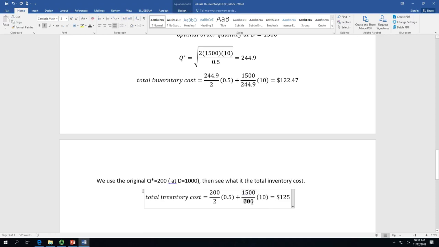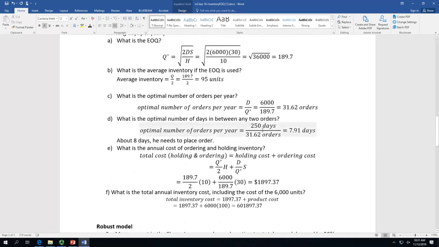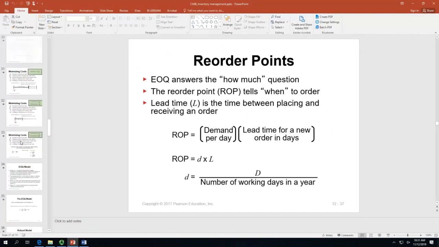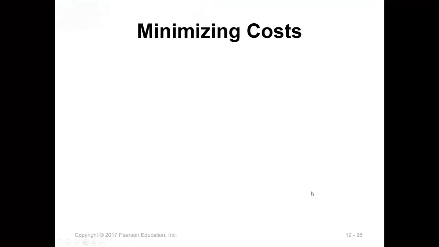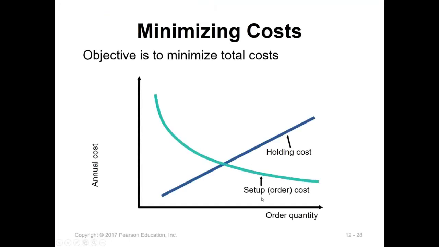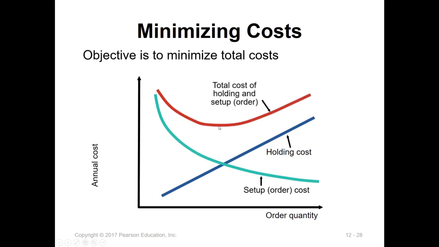Because 200 is the order quantity for the yearly demand 1,500, this is 7.5 orders, so the total is 125 versus 122. What is the difference? It's just a $2.5 difference. That's why we say this model is the robust model, because the bottom is very flat. What does flat mean?